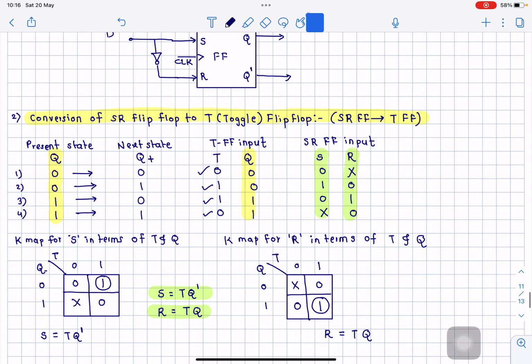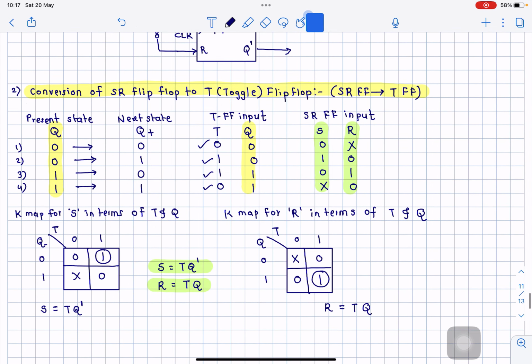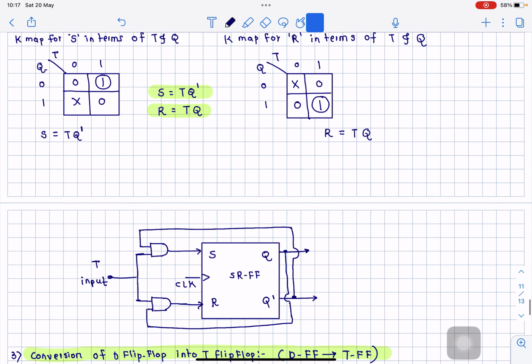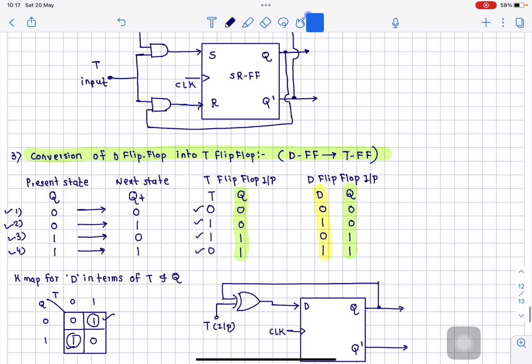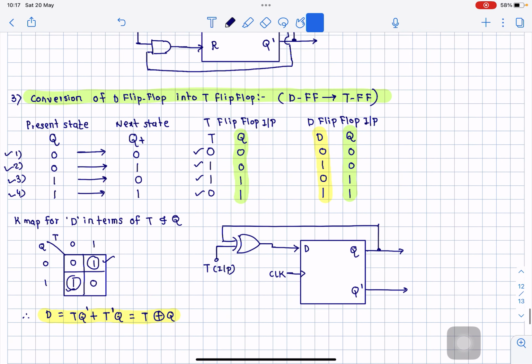The same we did for conversion of SR flip-flop into T flip-flop. And finally, we saw the third conversion of D flip-flop into T flip-flop. Okay, so all this is essential to first design the sequential circuit.